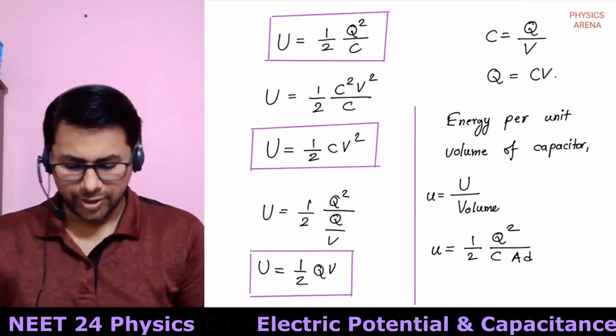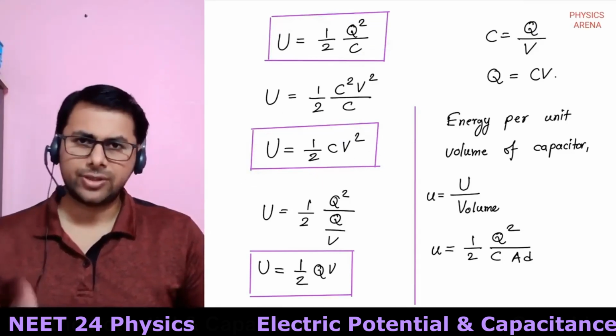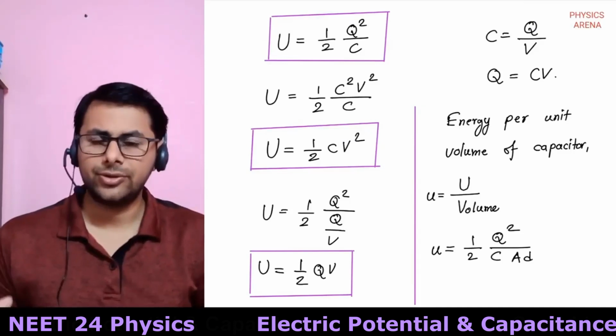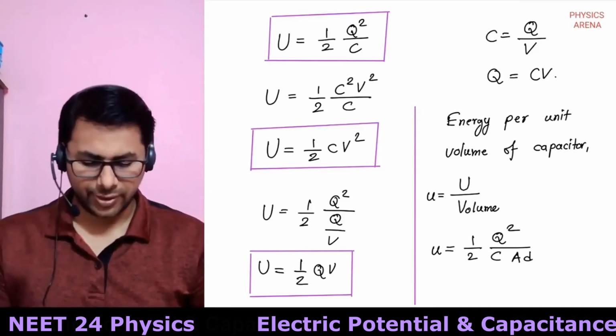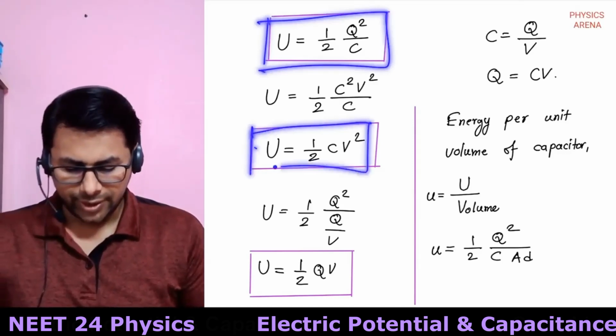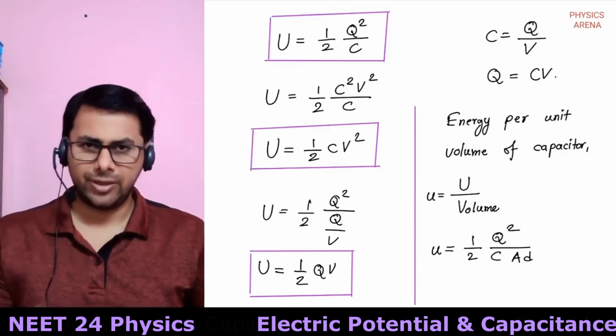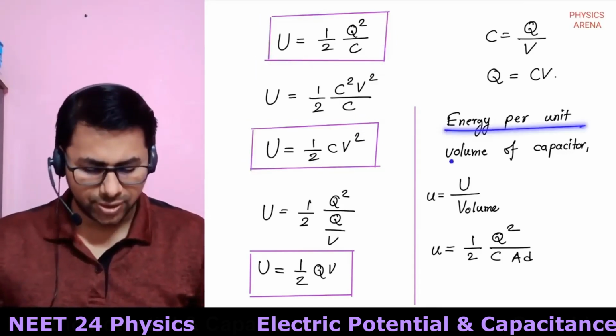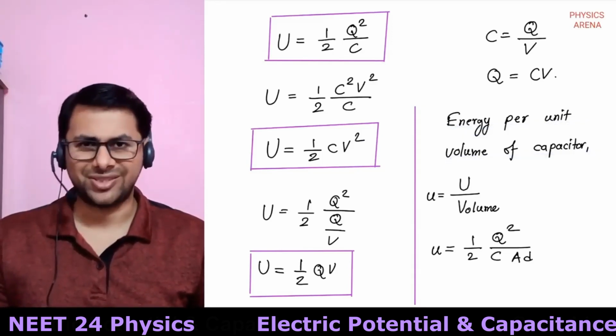But this one and this one are important because they will be directly used in most of the questions. So we have to remember the energy stored in a capacitor. Then we also have to remember the energy stored per unit volume of the capacitor.